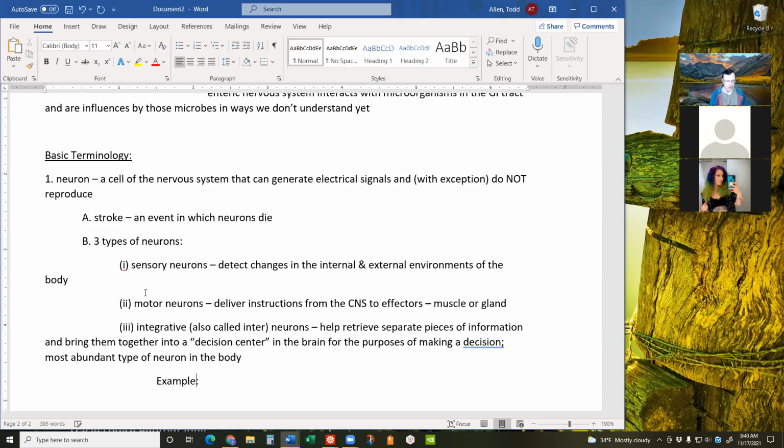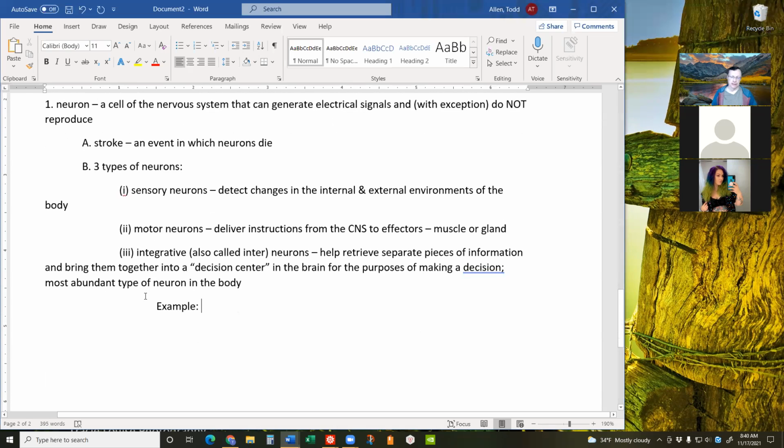So let me give an example of how integrative neurons would work here. And so here's the idea. Let's say for a moment that it's 8:40, 8:41 in the morning, which is typically breakfast time for most people.